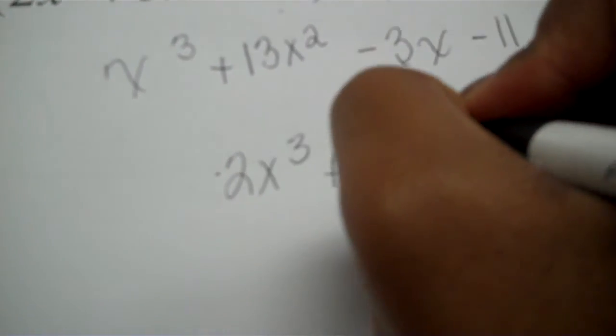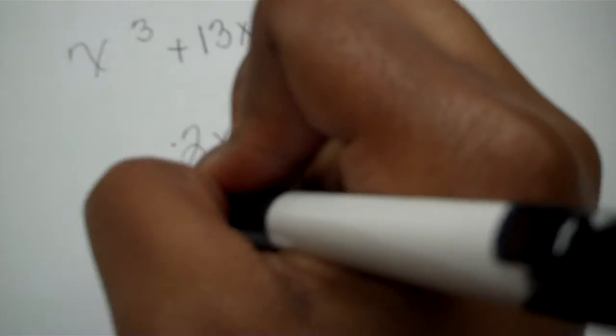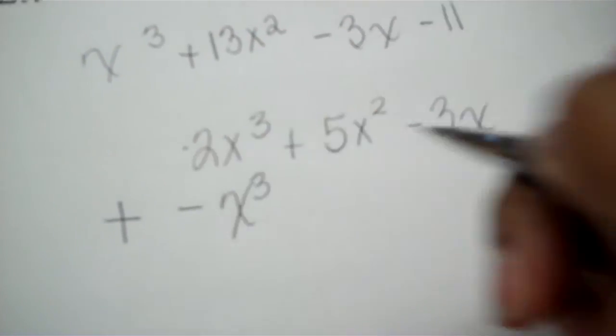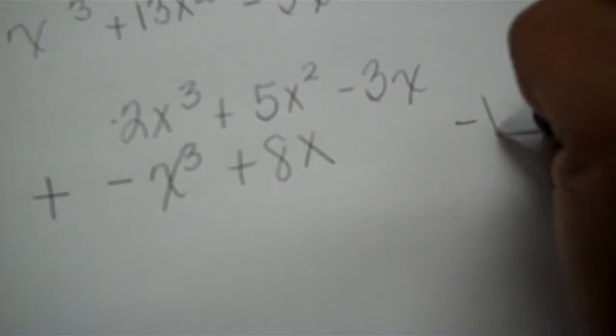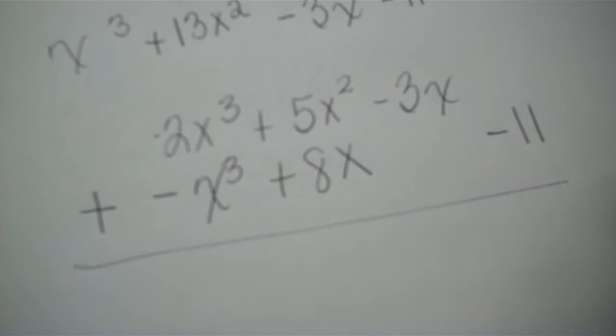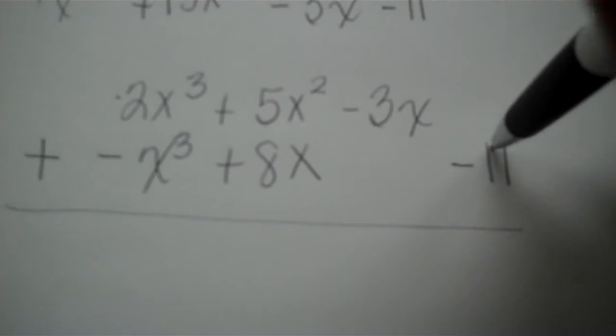If you want to do it vertically, this is what you would do. You would have 2x cubed plus 5x squared minus 3x. You would change your sign to plus, and then all your symbols will change. Notice that I didn't line the 11 up under the 3x because they're not like terms.